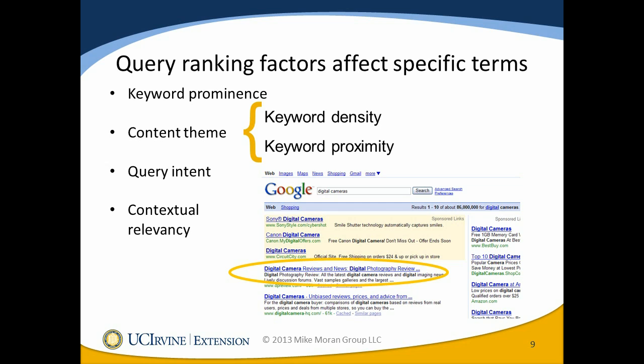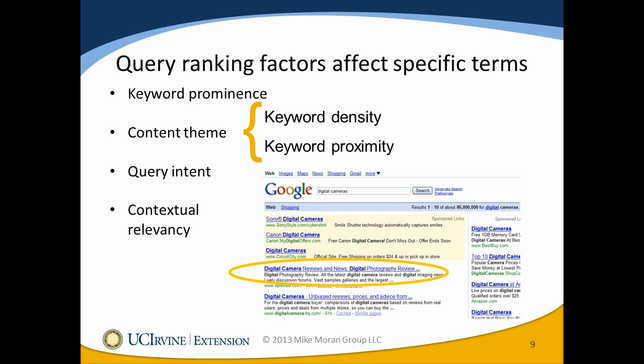Now, the next one, content theme, is one that's been changing the last few years. It used to be that we would tell people to look at things like keyword density and keyword proximity, and those are still important, but they're being rolled into something bigger that search engines typically call a content theme. Let's talk about what those things are.